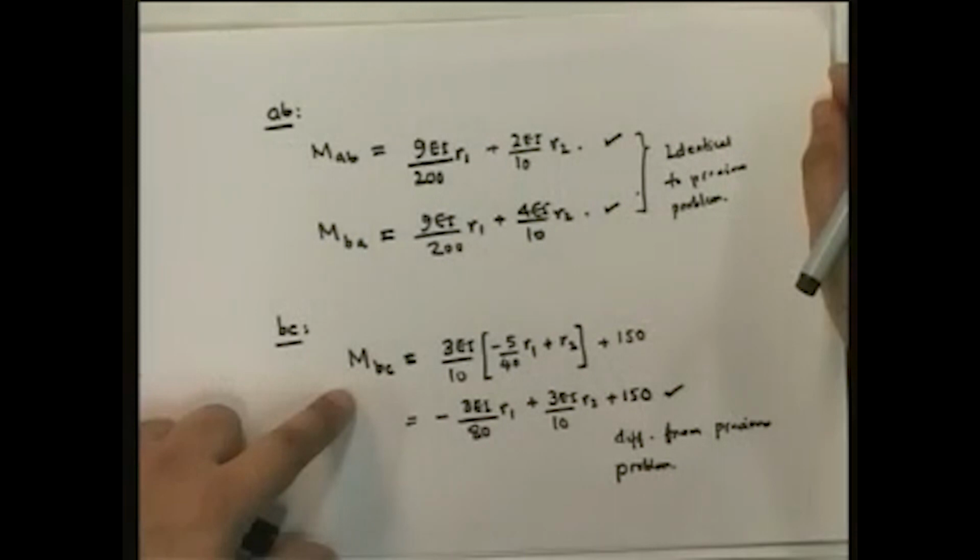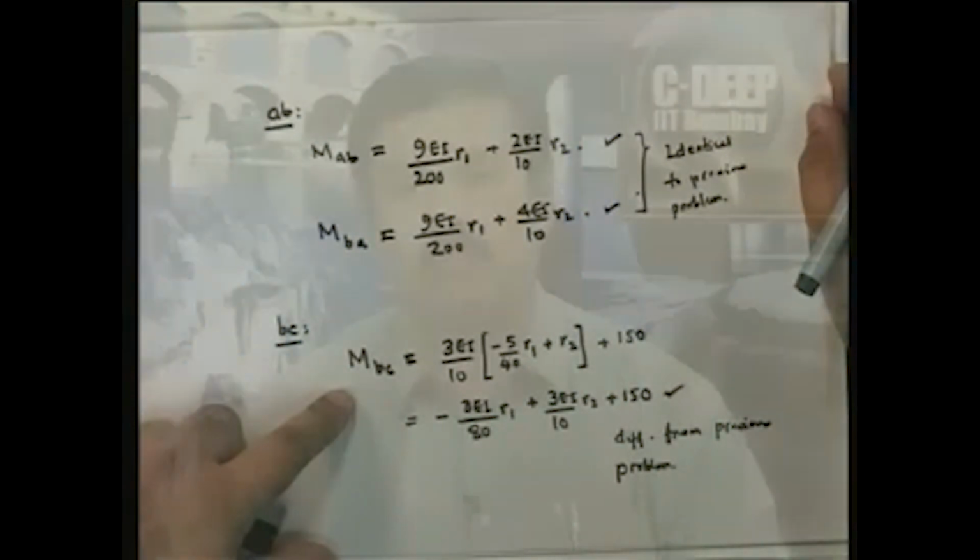Now, we've written MAB, MBA, MBC in terms of R1 and R2. What's our next step? Our next step is to write down the equilibrium equations, and for that we will take help of our virtual work principle, the principle of virtual displacement.